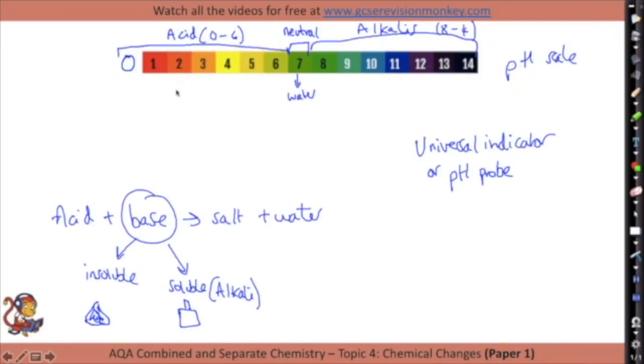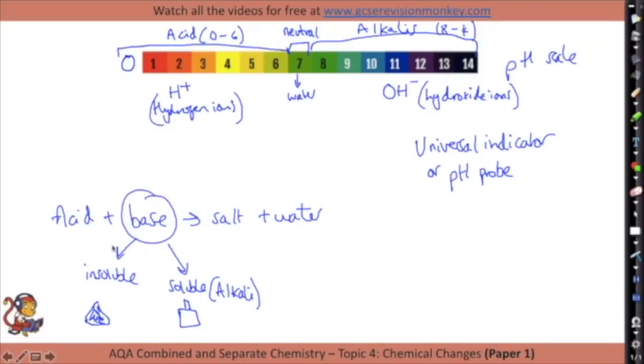Now acids are solutions that have hydrogen ions in them, whereas alkalis have the ion hydroxide in them. So I'll just write that out: hydroxide ions for an alkali and hydrogen ions for an acid.